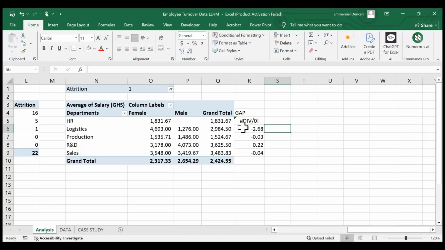But personally, what I think this could be is probably there are no females that have left the company yet. So let us check if that is true from the table.